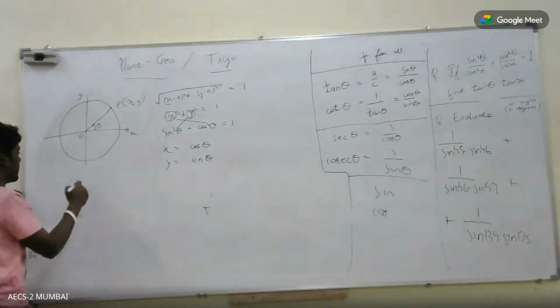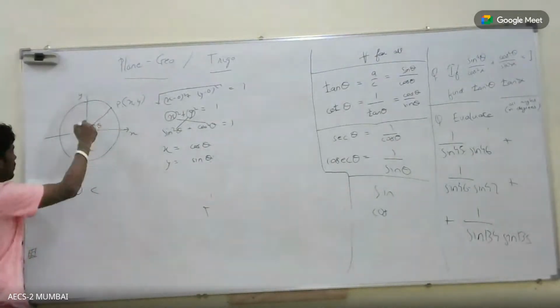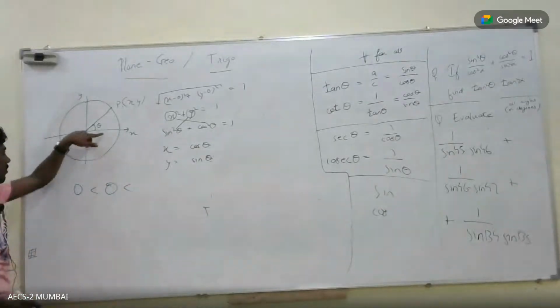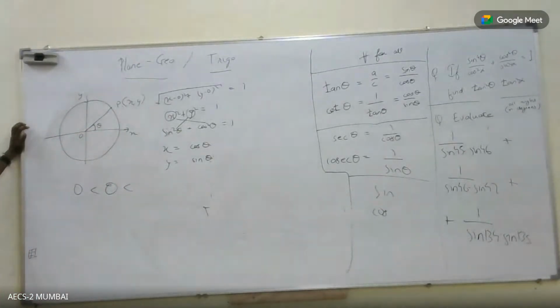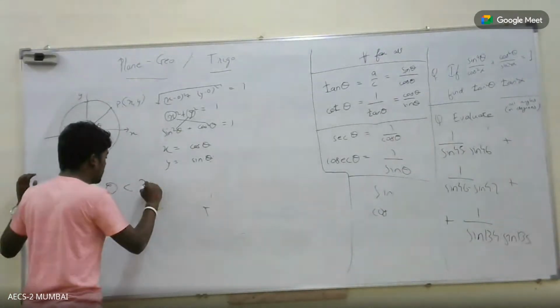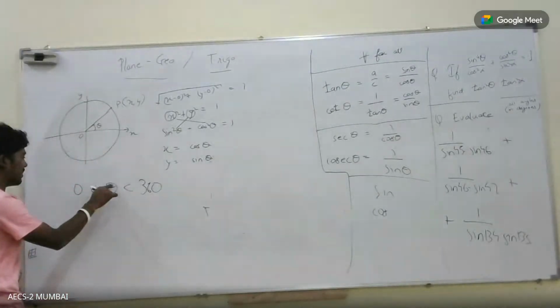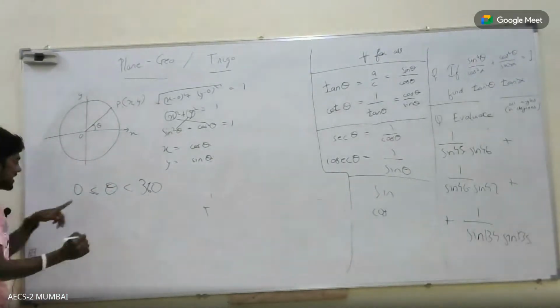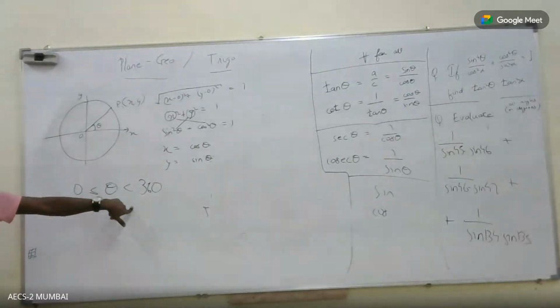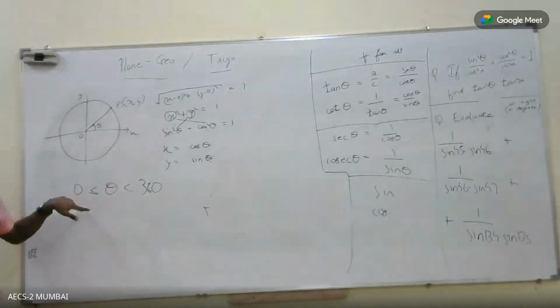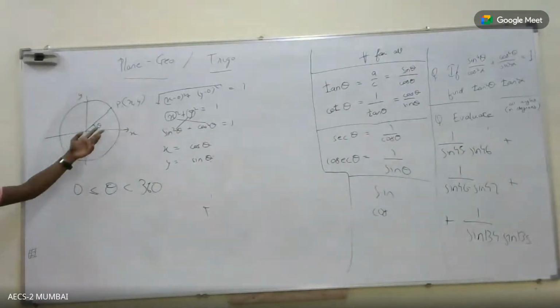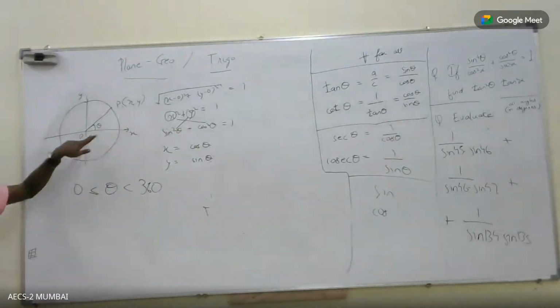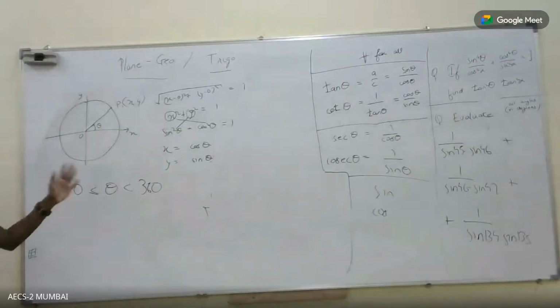So what is the range of theta here? Obviously the minimum angle is 0. What is the maximum value theta can take over the entire circle? 360, perfect. When a point goes around the circle once, we get 360. But notice that while theta can be equal to 0, it can't be equal to 360, because 360 and 0 are effectively the same thing when you look at the position. A point that makes an angle 0 and a point that makes an angle 360 are the same.